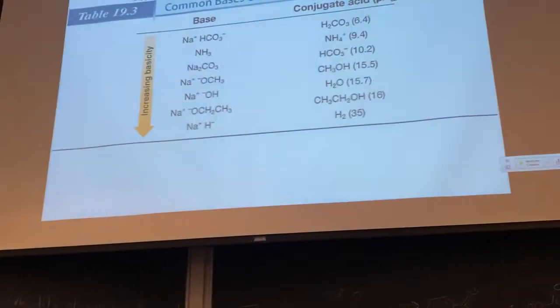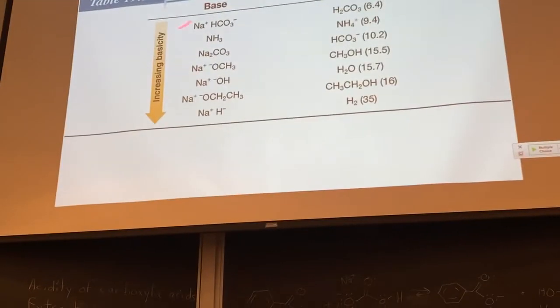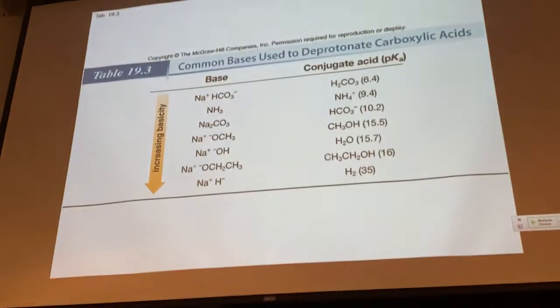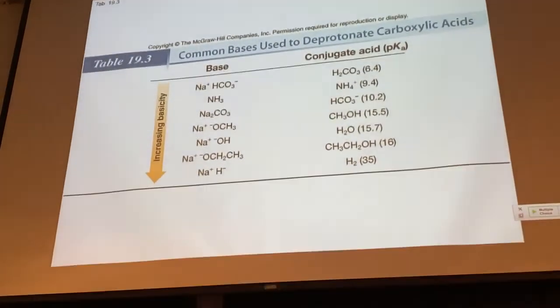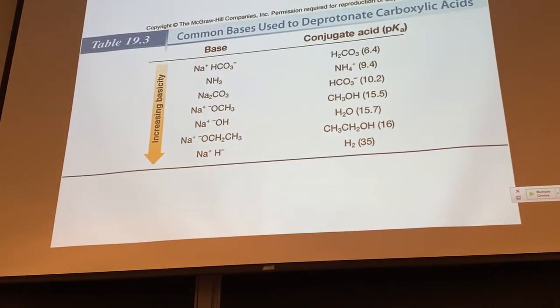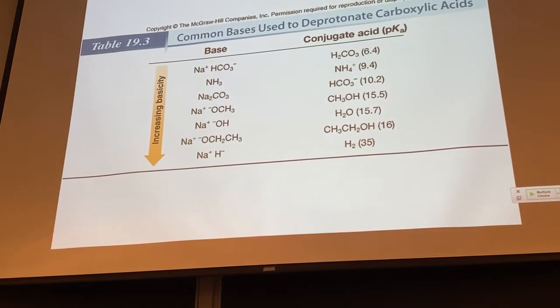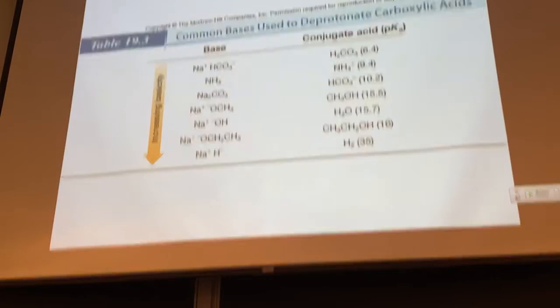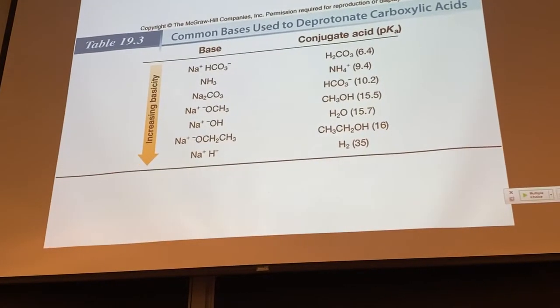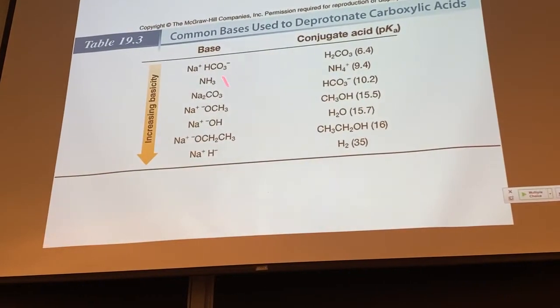Okay? So if we look at this table here, this table contains common bases whose conjugate acids are weaker acids than carboxylic acids, and therefore these bases would be able to completely deprotonate carboxylic acids. Sodium bicarbonate is cheap, it's baking soda, and so that's probably the most common one that's used because it's cheap and widely available, but you could use any of these bases.